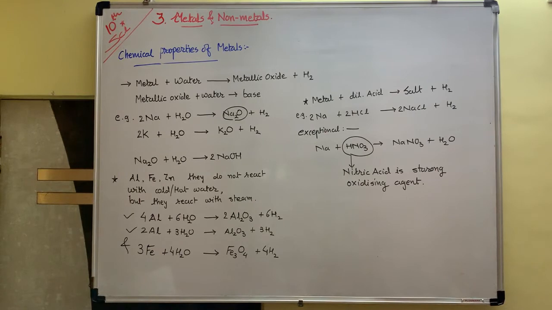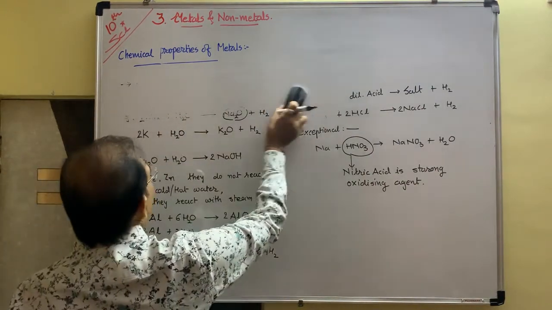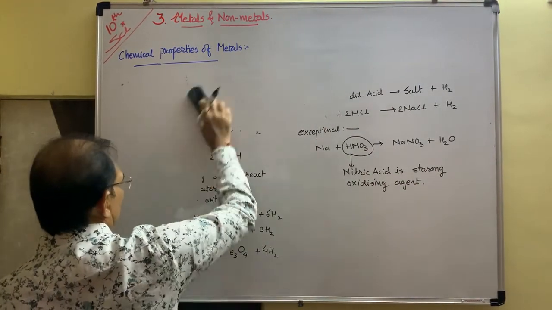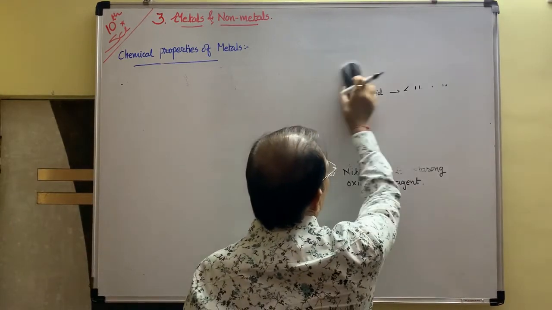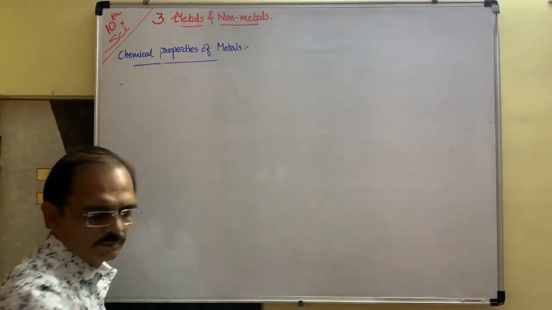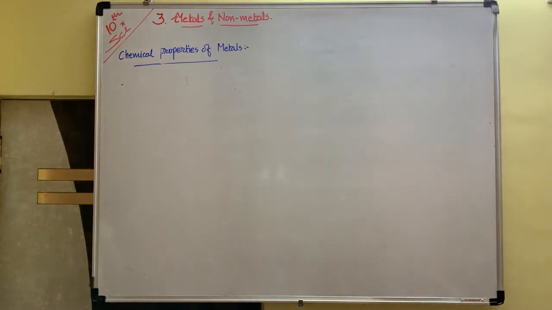Now, metals react with solution of other metallic salt. How do they react with other metallic salt? In your textbook, on page number 45, an activity is given, the reaction of metal with salt solution.